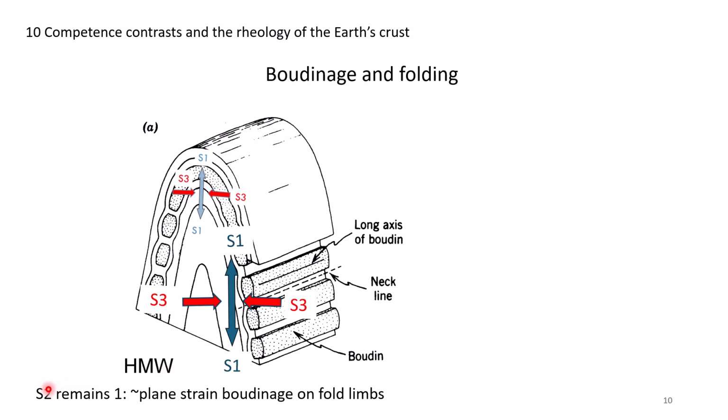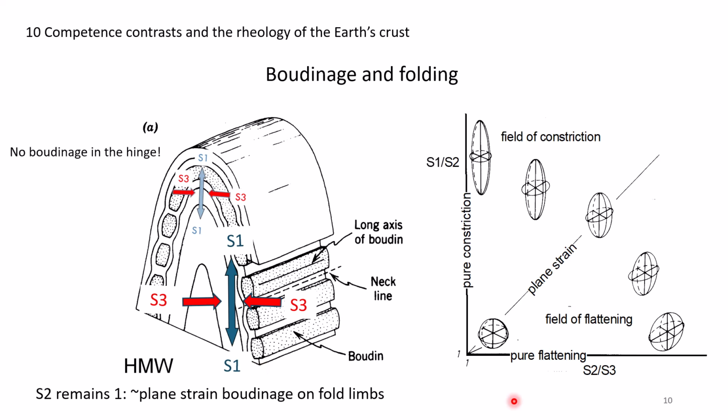In plane strain, the intermediate principal strain axis remains 1, and that would mean neither stretching nor shortening occurs along the boudins. The stretching happens in this direction, the shortening happens perpendicular to the layer in which the boudins form.